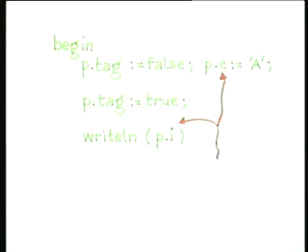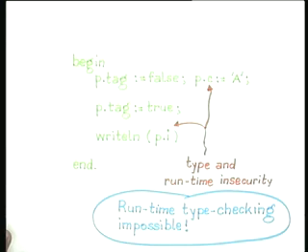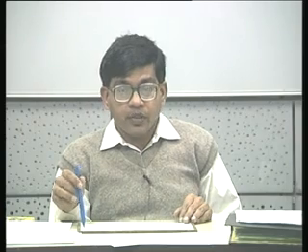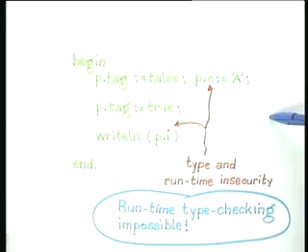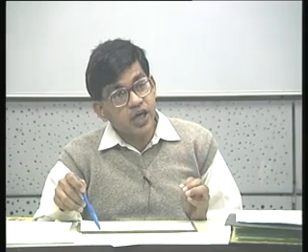So, this is something that leads to, for example, type and runtime insecurities. The pride of a Pascal implementation is that every type is compile time determinable. Now, with the variant records, you have something that is not compile time determinable, that is not even really runtime dependable, in the sense that you cannot introduce runtime checks, because you do not know how the tag is going to vary.